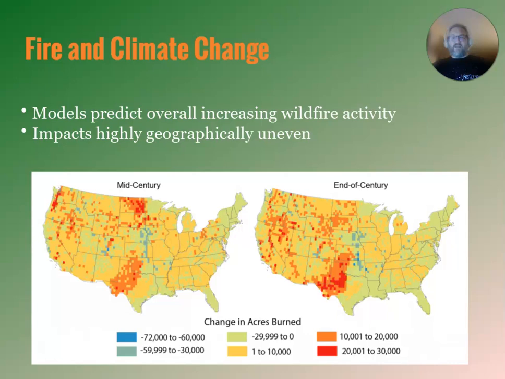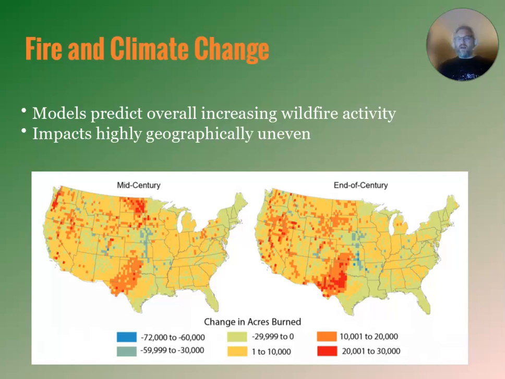So New England, for example, or Florida, they're expecting to actually see less area burning. So this is that trade-off between changes in different types of precipitation and changes in temperature. So the whole country is getting warmer. Some areas are getting wetter fast enough that it offsets the increase in temperature, that it's getting too wet to burn frequently.